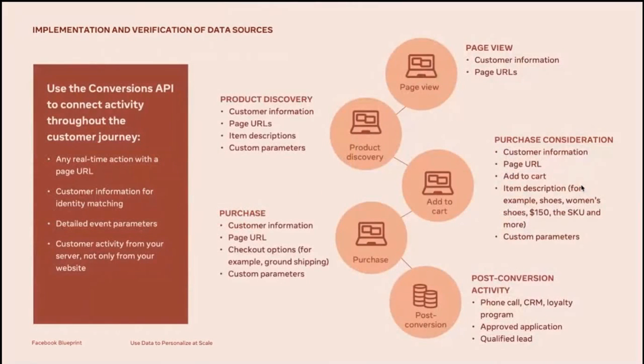When you pair the pixel with Conversion API, I've already explained this, but I'll reiterate, it will help you enable full funnel visibility. Full funnel visibility means the ability to obtain a more complete picture of your customer. As you know, Conversion API enables you to share more data sources with Facebook, and the more places you can see customer interactions, the better you're able to measure how the campaigns on Facebook perform.